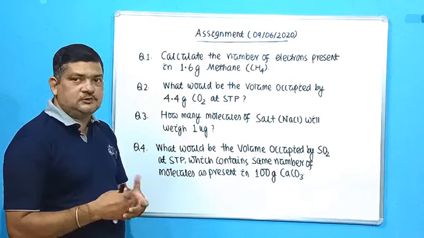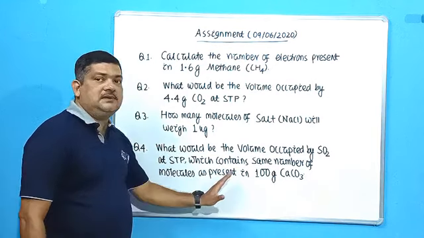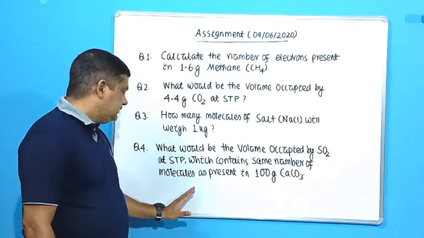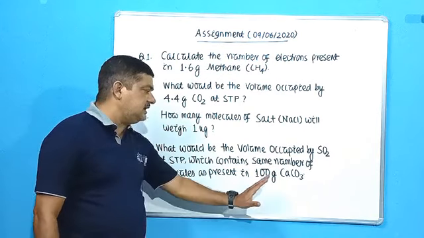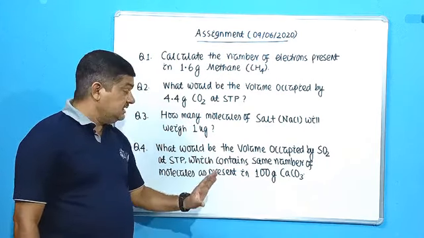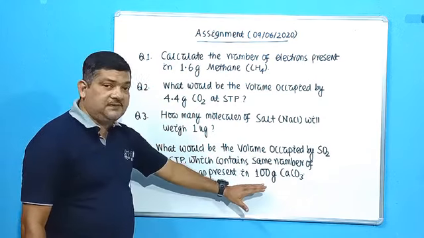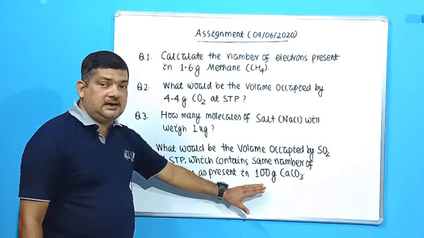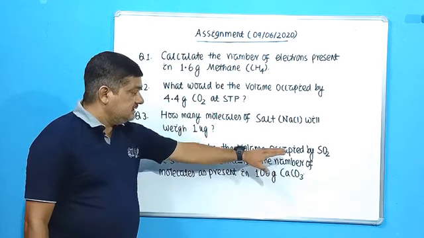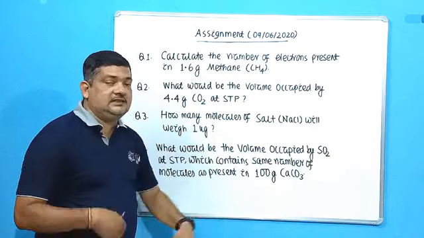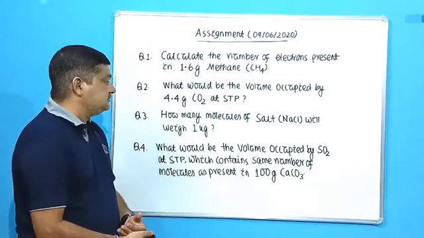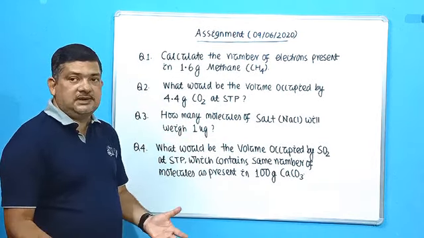This question has two parts, so you have to solve in the reverse order. First, find the number of molecules present in 100 gram calcium carbonate, because the sulfur dioxide will contain the same number of molecules. Then that same number of molecules of sulfur dioxide will occupy how much volume at standard temperature and pressure.